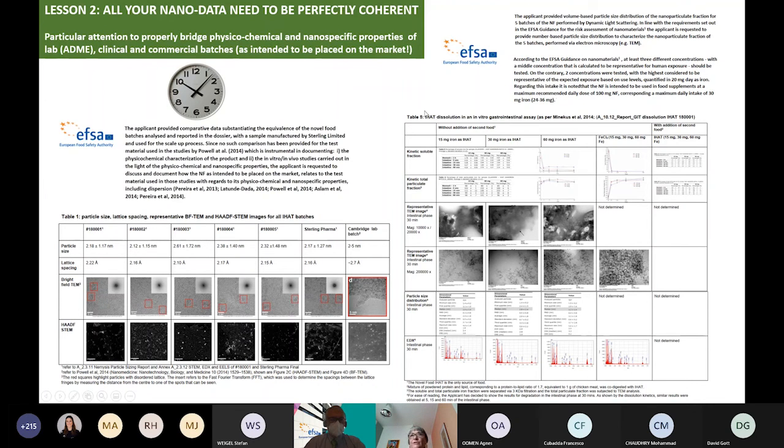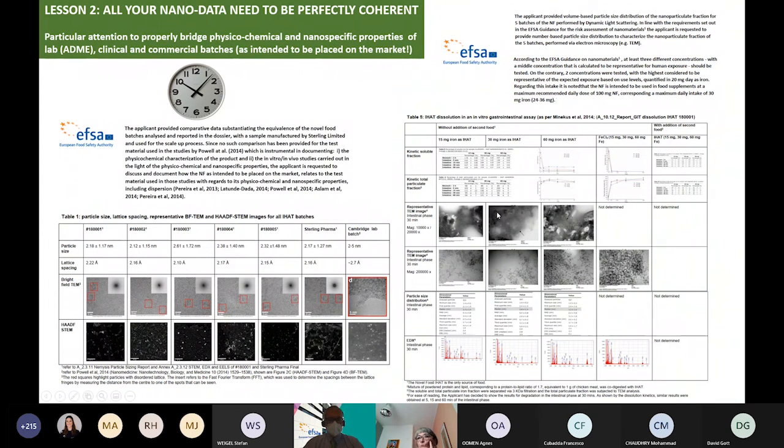And the similarity was demonstrated. And the other step was the detailed assessment of IHAT dissolution in an in vitro gastrointestinal assay that was run either in fed as well as in fast condition at different dosages of iron and of IHAT.